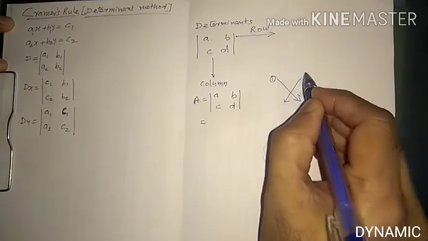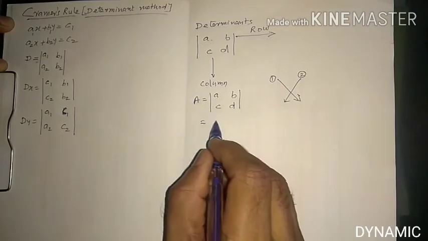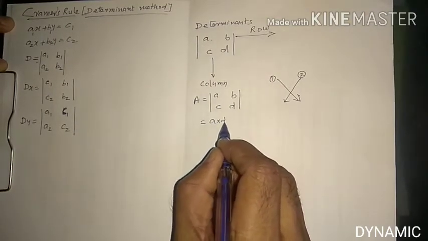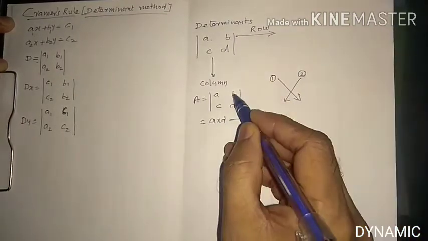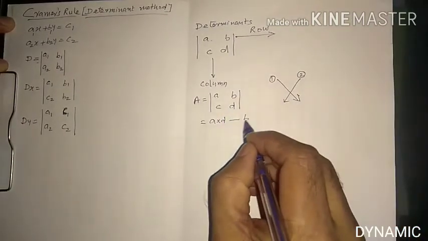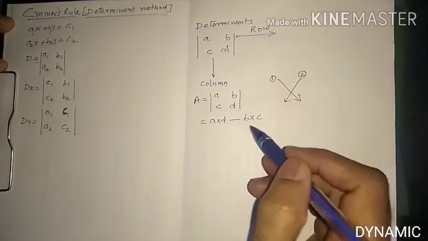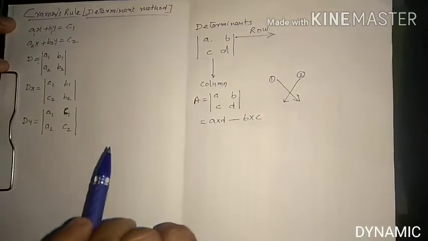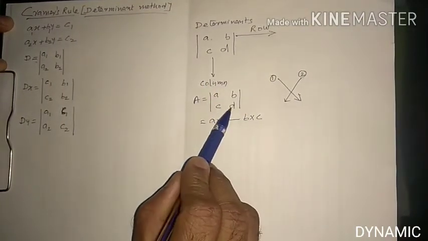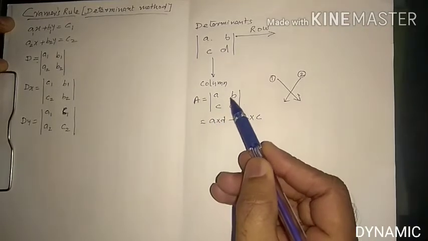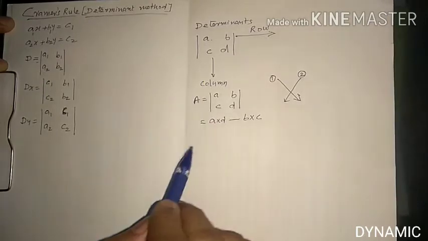So this expansion is A into D minus B into C. This is how we have to expand a determinant. Diagonal elements A into D minus the diagonal elements B into C. This is the absolute value of the determinant.